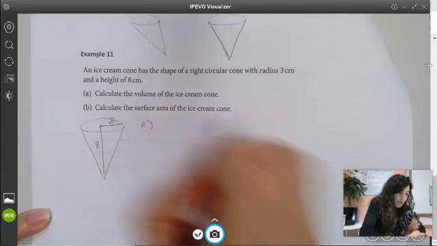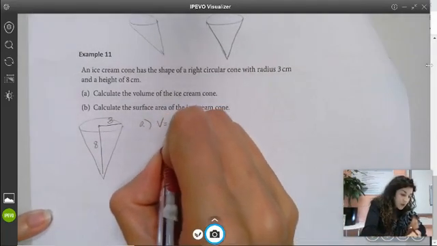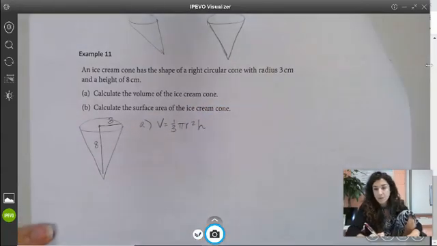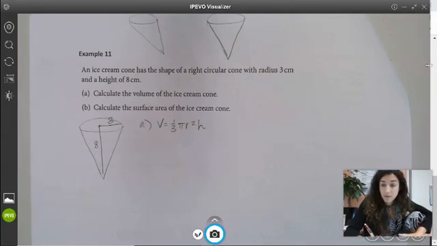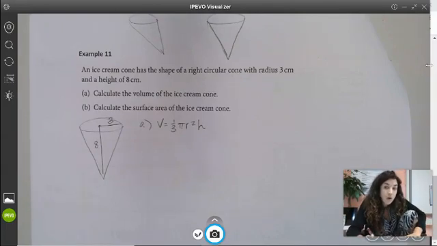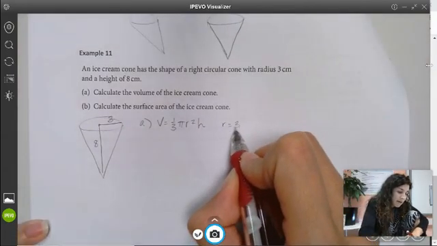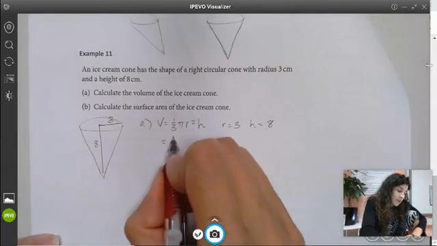Boom. We want to calculate the volume, so I'm first going to write out my formula. Remember that it is your recipe. It tells you what pieces of information you need in order to be successful in this problem. We have the radius, we have the height, so we don't need to solve for anything, which sometimes we do, but it's nice to have the formula because then we can say, we have that and we have this, and so we just need to plug it in and go.